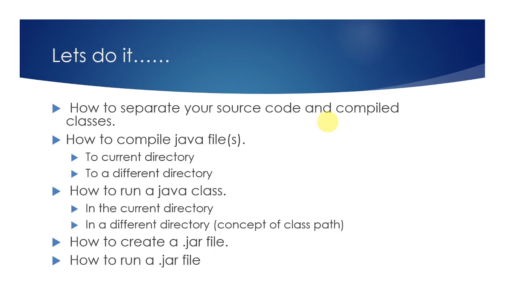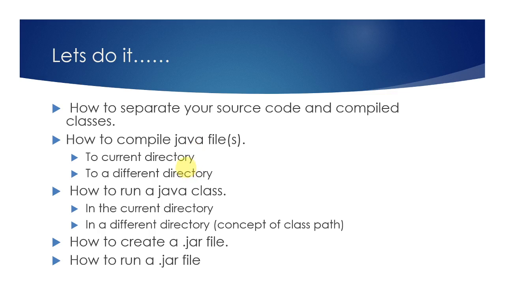Right, so this is what we are going to do as a practical session now. We are going to see how to separate the source code and the compiled classes, how to compile Java files when your command prompt and the Java file are in the same folder, when your Java files are in a different folder, then how to run your Java classes if the class is in the same folder or when the class is in a different folder.